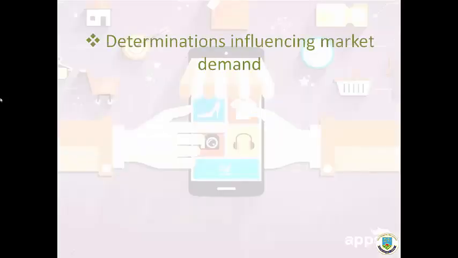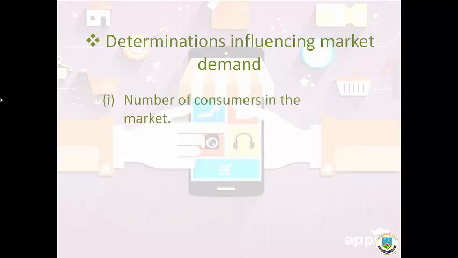Next topic, determinants influencing market demand. So in this topic we are going to study what are the factors or reasons that affect market demand. So we have the first point, number of consumers in the market. So here number of consumers in the market means the size of the market.